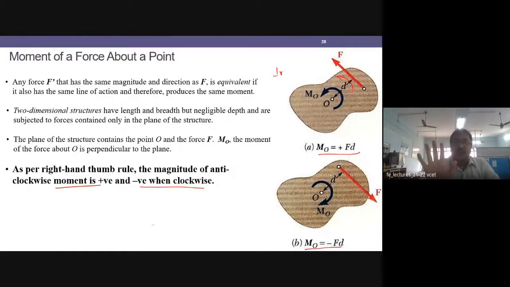When I'm talking about the right hand thumb rule, you keep your thumb at the point of rotation, and then rotate your fingers accordingly. Suppose my force is acting in this direction, it will produce an anti-clockwise moment, and that is given a sign of positive.